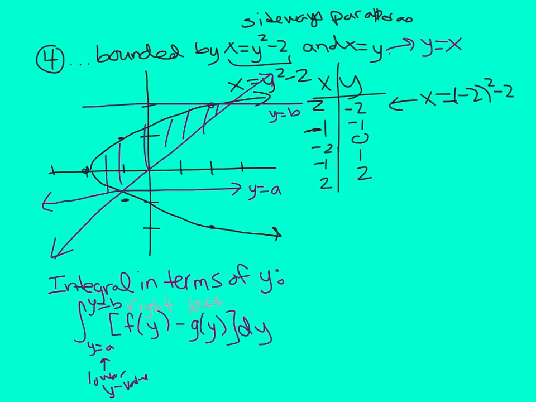We'll do some more practice with this, but keep in mind that when we're doing things with respect to y, the upper value is going to be the rightmost, the lower value is going to be the leftmost. And if you have a dy here, make sure that these values are also y's. That's really, really important. So when we're doing dx, you go from lower to upper. When we're doing dy, you go from left to right.